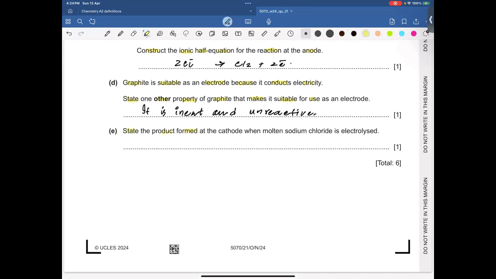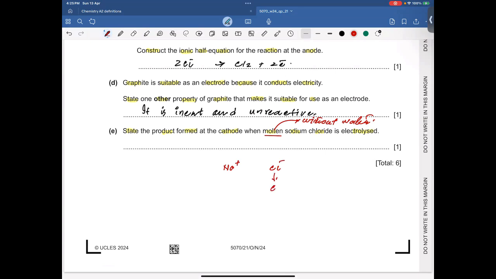State the product formed at the cathode when molten sodium chloride is electrolyzed. When we say molten, that means no water. Which means we have sodium ion, we have chloride ion.